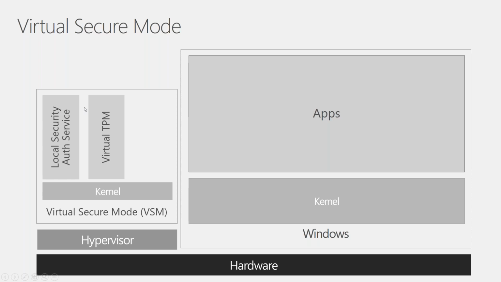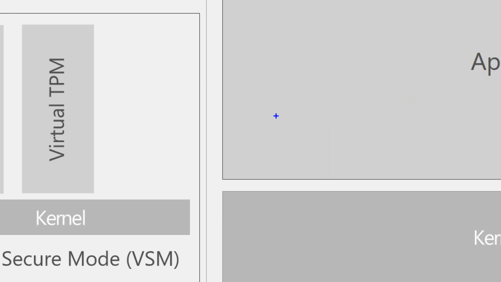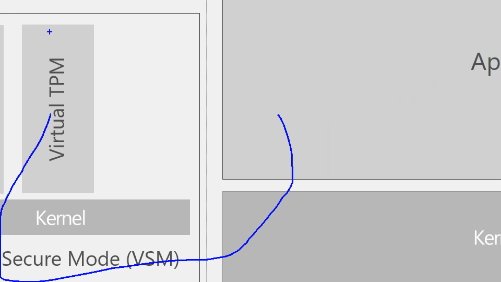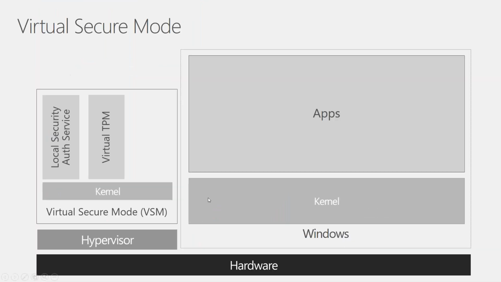It's a new, very cool feature, because through this virtual TPM we can build, on top of it, virtual machines that will implement Credential Guard. So this is clearly an inception, a virtualization in the virtualization. We are able to do that right now, and that is an integral part of the hypervisor.